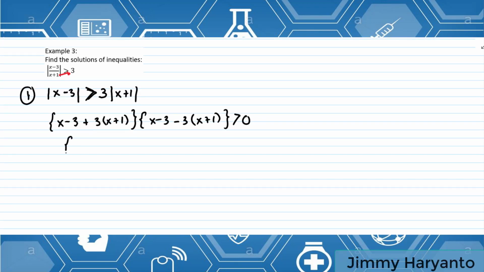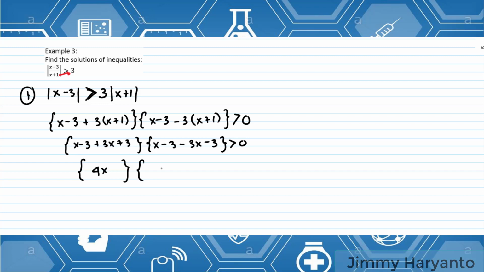Simplify it: x minus 3 plus 3x plus 3, and then x minus 3 minus 3x minus 3 greater than 0. Simplify it again. For the constants, negative 3 plus 3 is 0, and then x minus 3x, negative 2x minus 6 greater than 0.